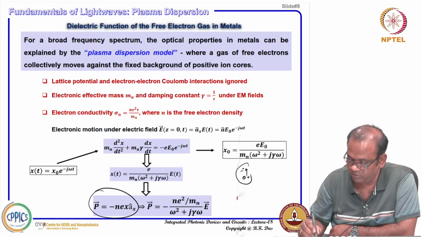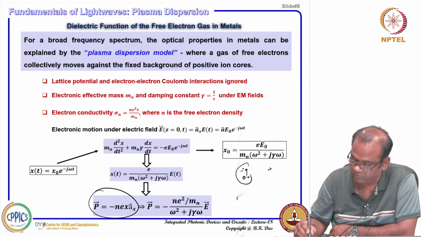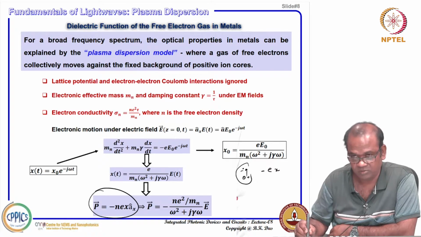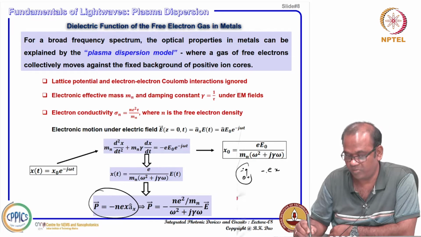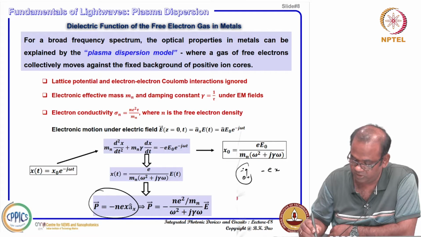Whatever the charge is, the charge is e and the displacement is x, so for a particular atom the dipole moment is charge times displacement, with a negative sign, minus ex. The negative sign is there because the dipole moment direction is opposite: normally we consider the dipole moment positive to negative, which is opposite to the electric field direction.